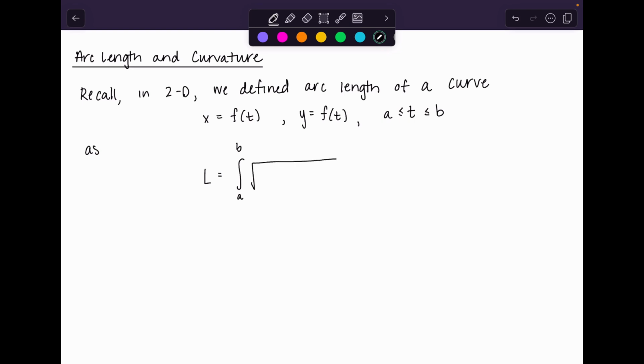So inside was the square root of dx dt squared plus dy dt squared, integrated with respect to t.